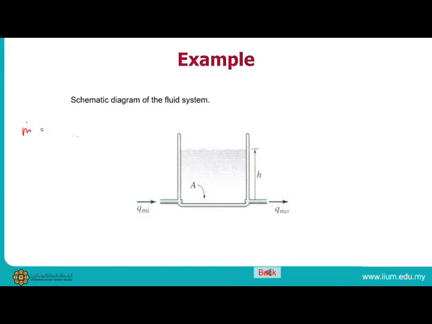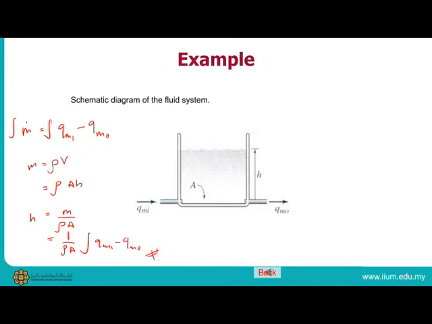M dot is equal to QMI minus QMO, and M equal to rho V, then V is equal to A H. So you find this relationship and then rearrange it: H equal to M over rho A. If you integrate both sides, you get 1 over rho A times the integration of QMI minus QMO. That is similar to the first example.